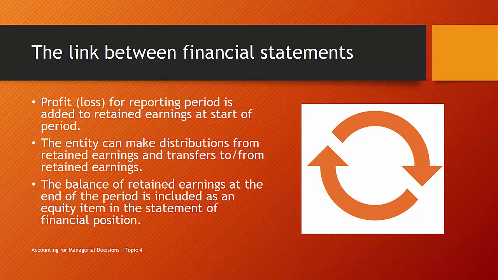And then the balance of retained earnings is included as an equity item in the statement of financial position. So profit gets put into the changes in equity account, and the closing balance of the changes in equity account ends up as the equity item in the statement of financial position. It all kind of links together.